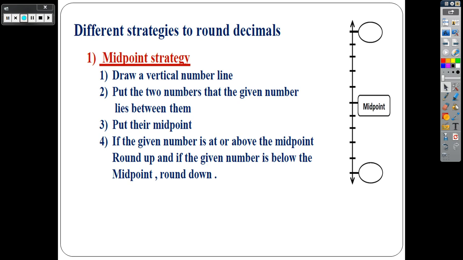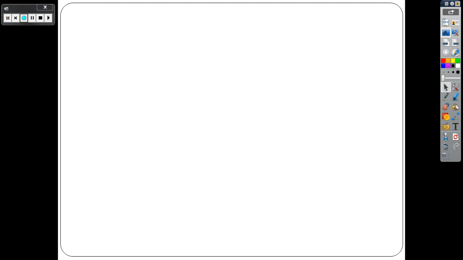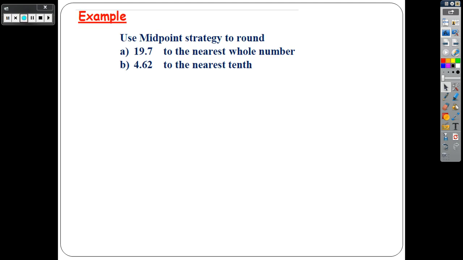The last step: if the given number is at or above the midpoint, round up. And if the given number is below the midpoint, round down. Now, look at the example to understand more and more.